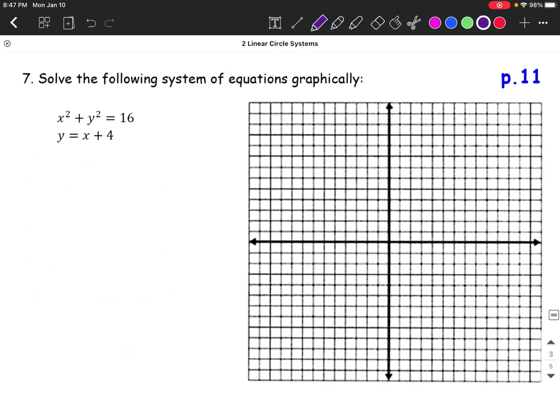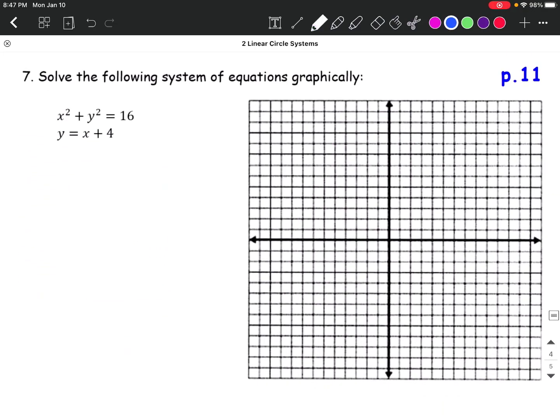Let's try one more. Okay, one more. We're going to look at this line, y equals x plus 4. That's in y equals mx plus b form. The m, there's an invisible 1 in front of the x, so it's 1 over 1. We're going to rise 1. We're going to run right 1.